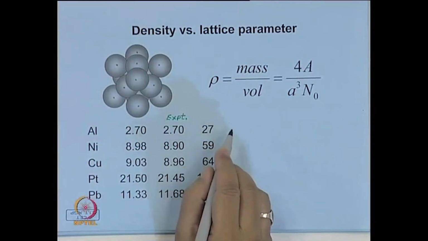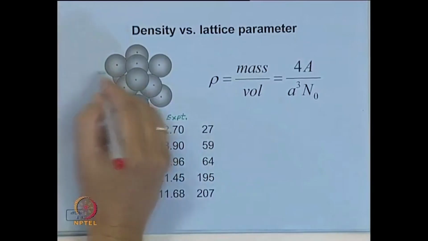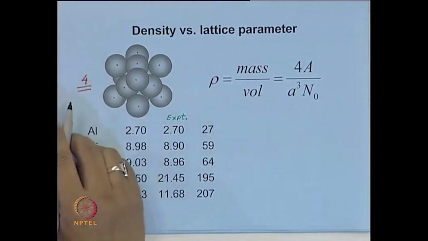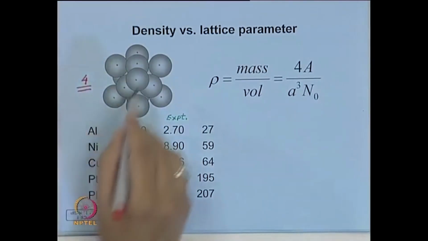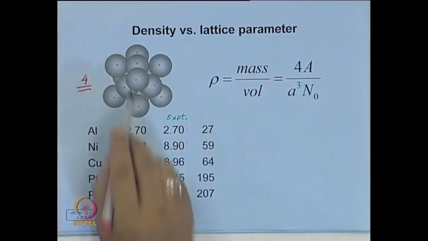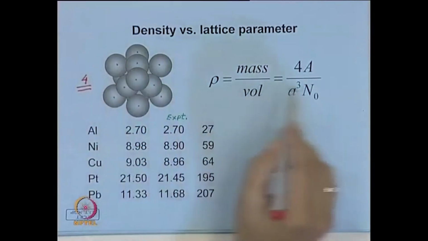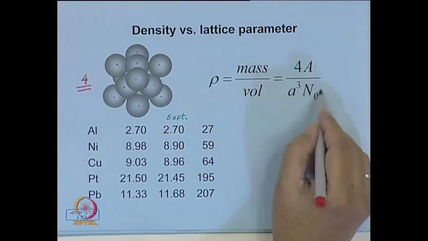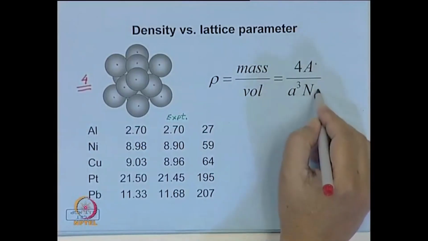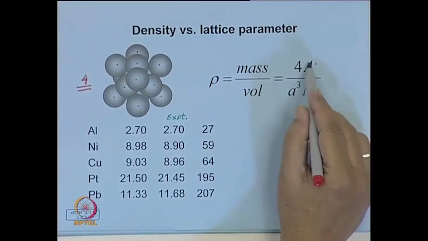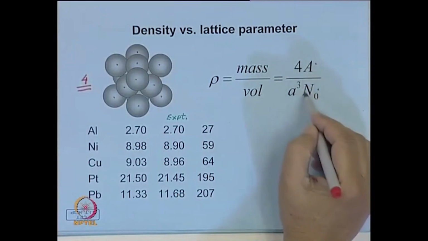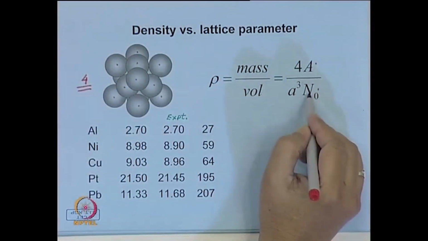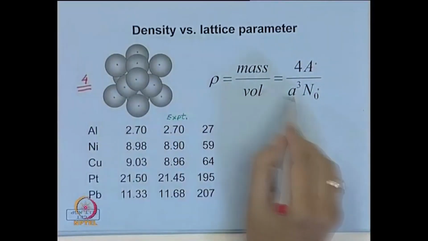We calculated last time that in a unit cell you have 4 atoms, and the mass of a particular atom can be calculated if you know its atomic weight and Avogadro number. So, atomic weight over Avogadro number will give you the mass of one atom. Since there are 4 atoms, mass will be 4 times A over N. Divide this by the volume of the unit cell.